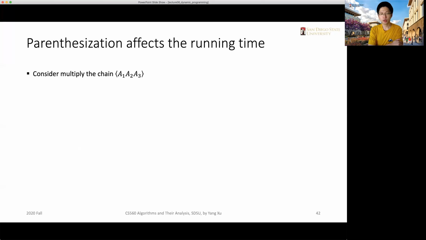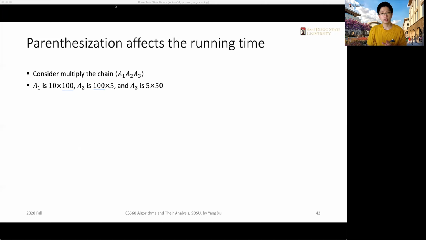If we want to multiply three matrices, A1 times A2 times A3 together, we assume that A1 is 10 by 100 and A2 is 100 by 5, right? And A3 is 5 by 50. So first of all, let's check if they are compatible with each other. For A1 times A2, the number of columns matches the number of rows.